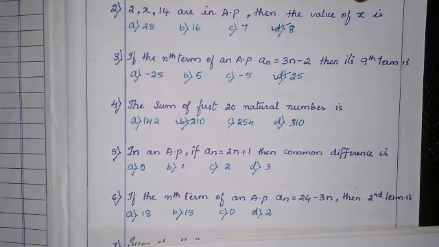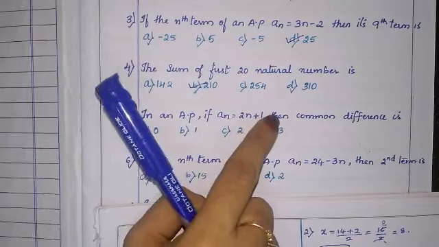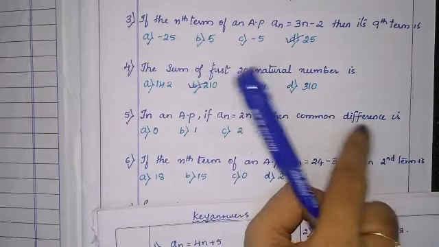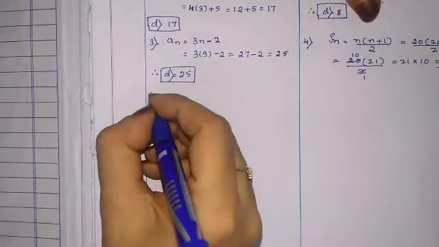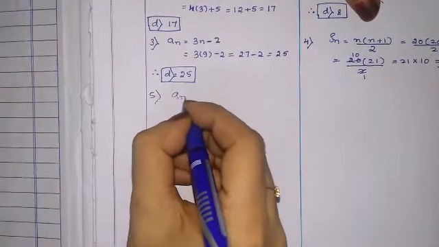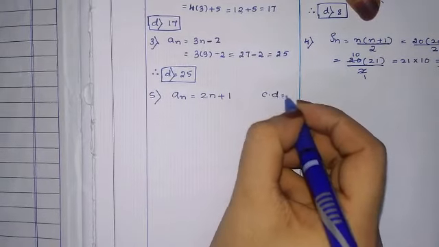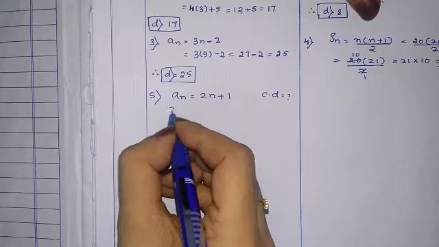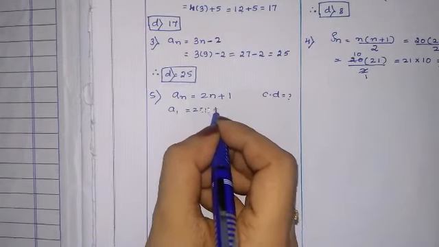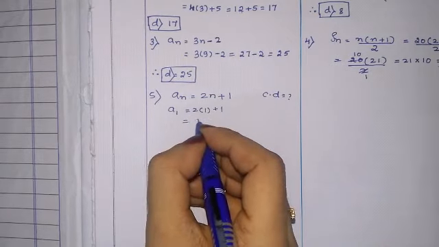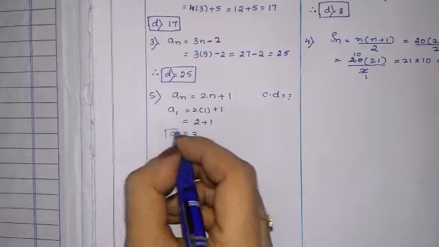Okay, the next question. In an AP, if an is equals to 2n plus 1, then the common difference is. an is equals to 2n plus 1. We know the first term, we'll find a1 is equals to 2 into 1 plus 1, that is 2 plus 1, that is 3. a1 we got 3.